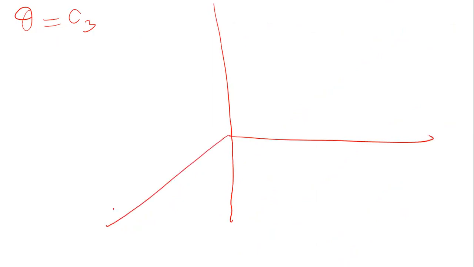Now, if you consider another coordinate surface, theta equal to c3. Just imagine you fix your theta here. Theta value is fixed. You vary r between 0 to infinity. It can extend up to infinity.